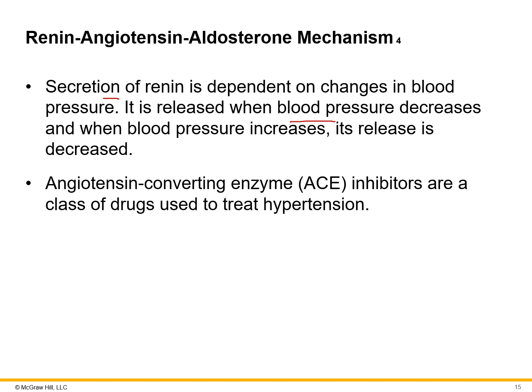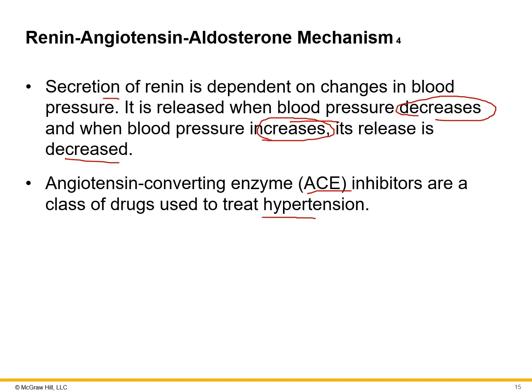It's released when the blood pressure decreases, and when the blood pressure increases, its amount is going to decrease. So it's essentially the opposite: if the blood pressure goes up, we decrease it; if it goes down, we increase secretion of renin.